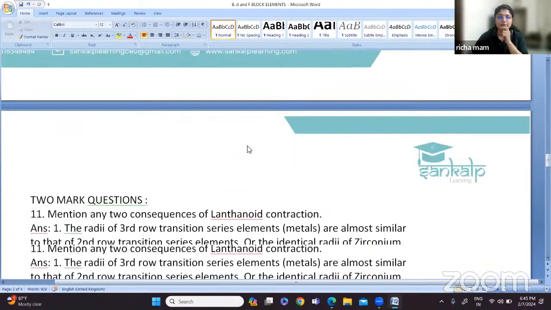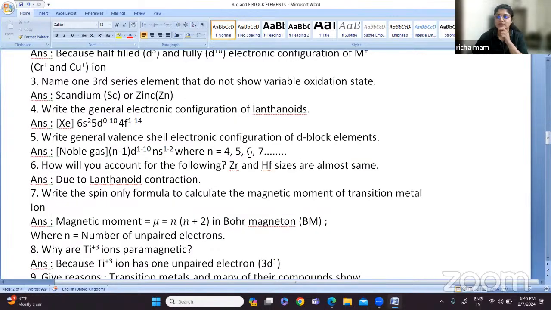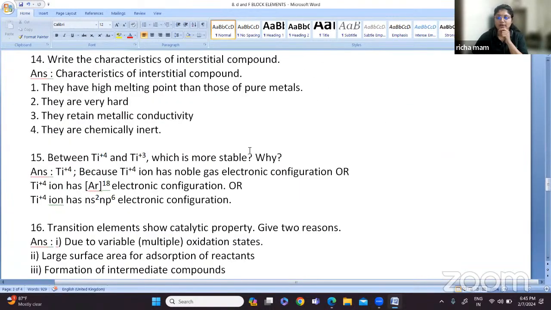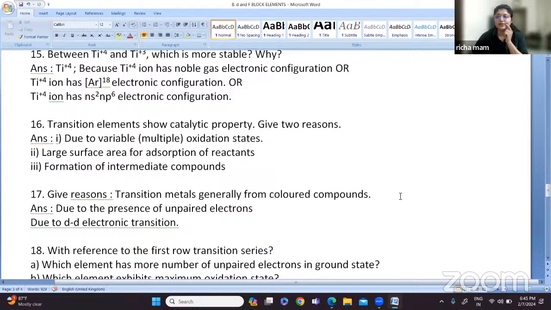So study properly, all the give-reasons questions. Very important: what is lanthanide contraction, what are interstitial compounds, characteristics of interstitial compounds, examples, and all give-reasons questions about transition elements. So please study well.